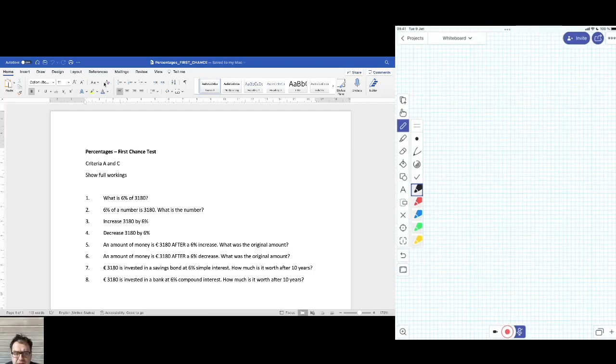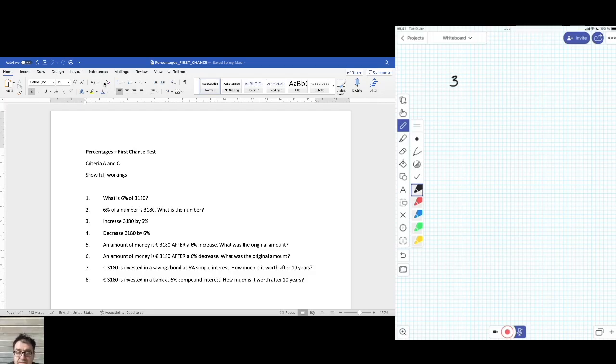Question 5. An amount of money is 3180 after a 6% increase. What was the original amount? So you've got to think of the original amount as being the 100%, and then 6% of that has been added on, and then the answer to that has come to 3180.